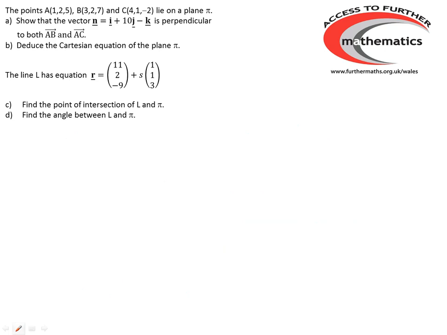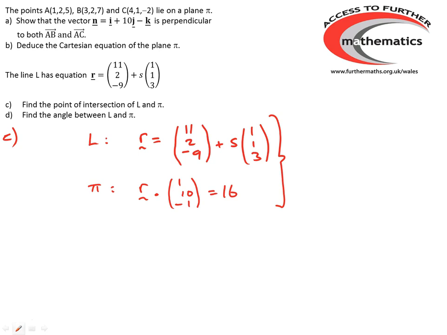Now we've got to find the point of intersection of the line and the plane. We know that the line has got the equation given above, and we've found that the equation of the plane is r dot (1, 10, -1) equals 16. And we've got a pair of simultaneous equations there that need to be solved.